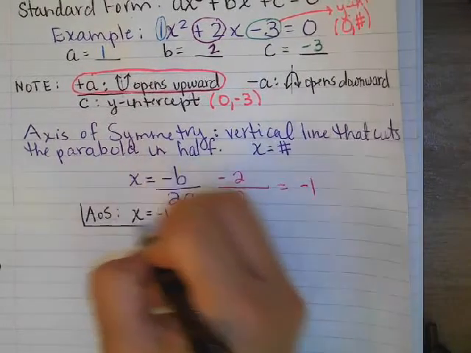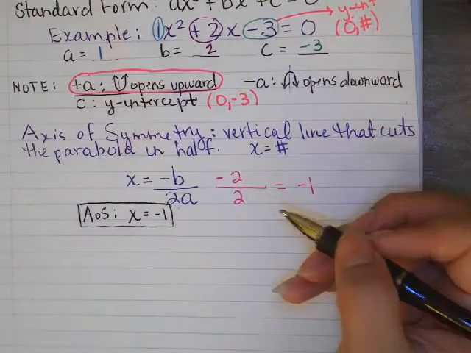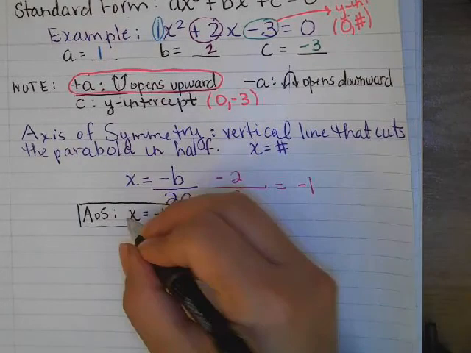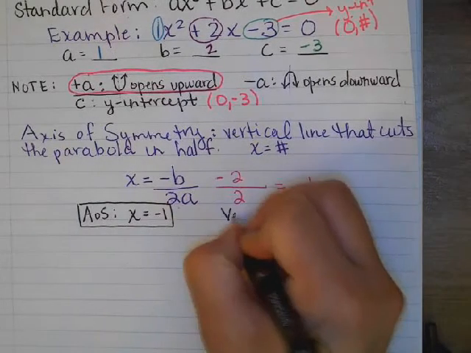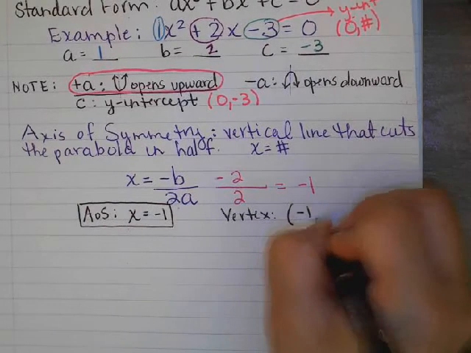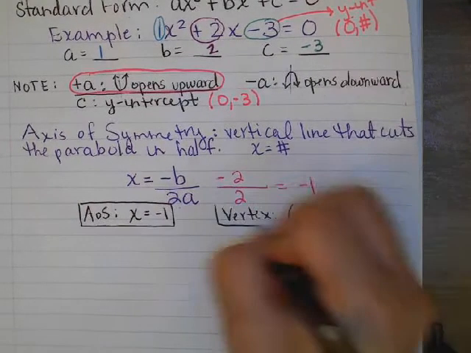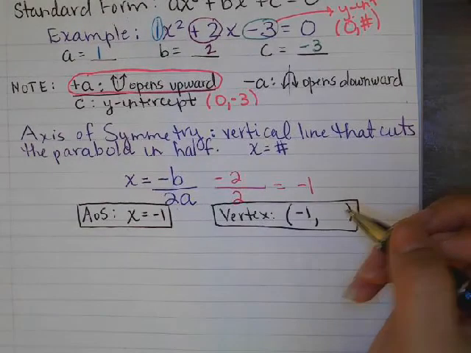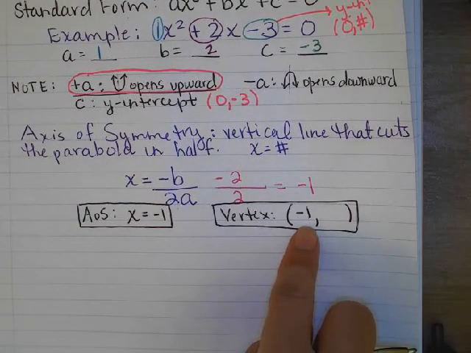This is your axis of symmetry. And not only is it your axis of symmetry, but it's also the x value of your vertex. So now I know half of my vertex. Negative 1, something. Remember, the vertex is that little point, the highest or the lowest part of your parabola.